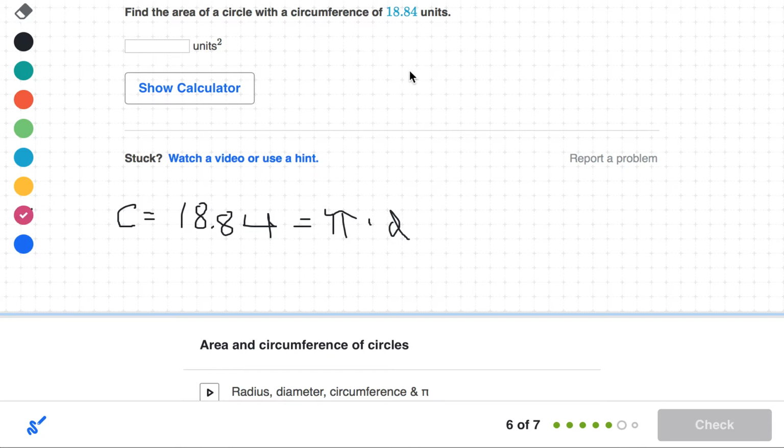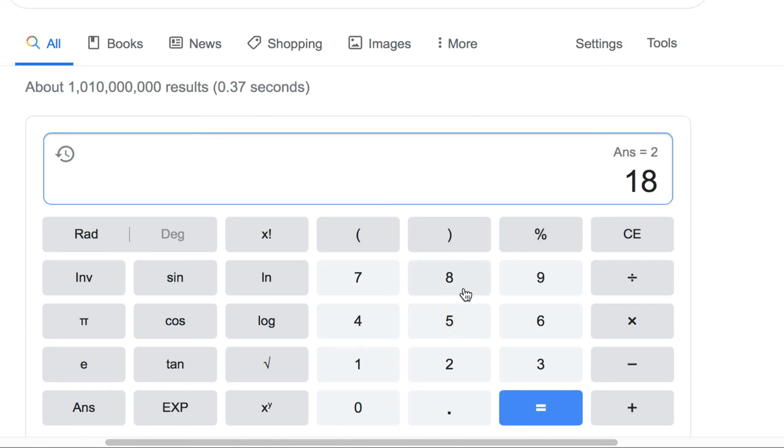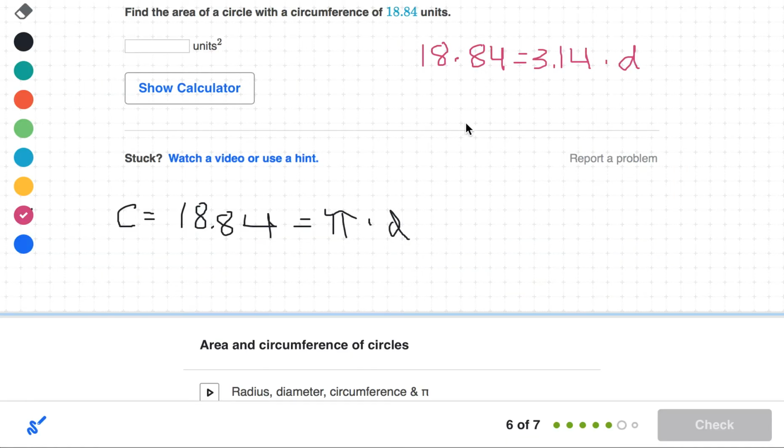So I'll rewrite this up here in purple. 18.84 equals 3.14 times the diameter. So if we divide 18.84 by 3.14, we'll get the diameter. And we should get 6. There we go. So the diameter equals 6.